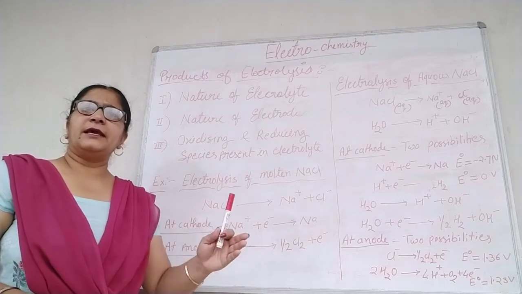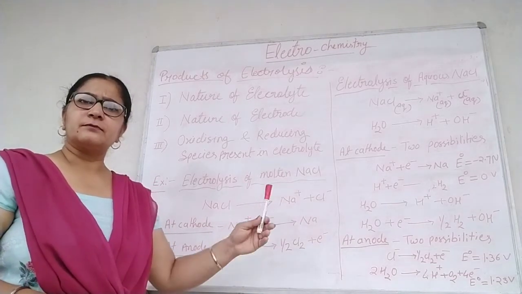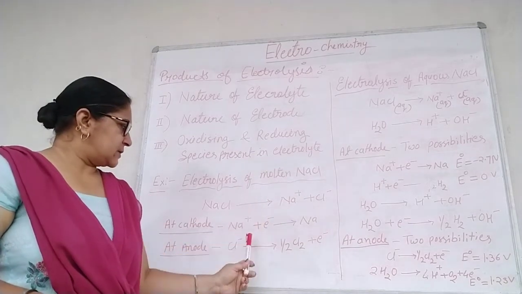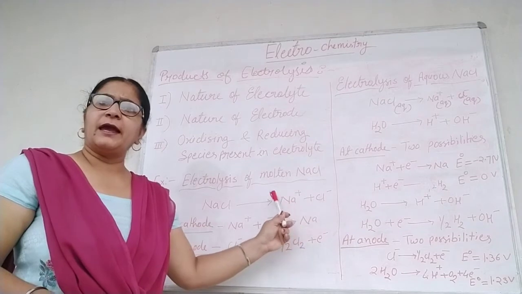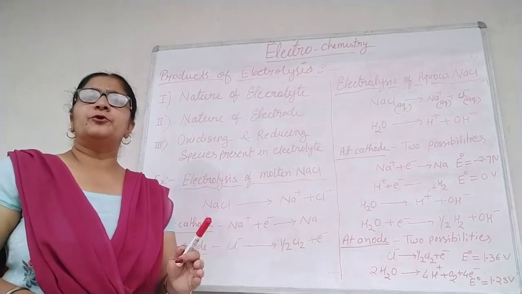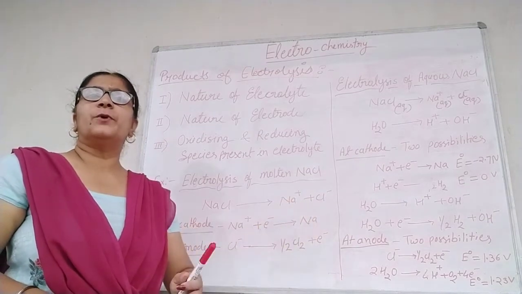Now here there is one cation and one anion. Cation means Na+. Cation will move towards cathode and anion will move toward anode.